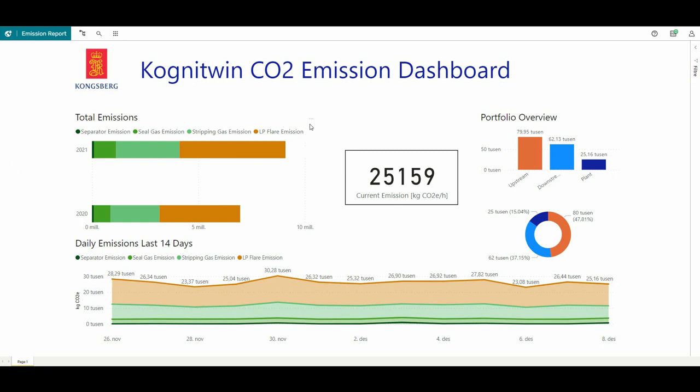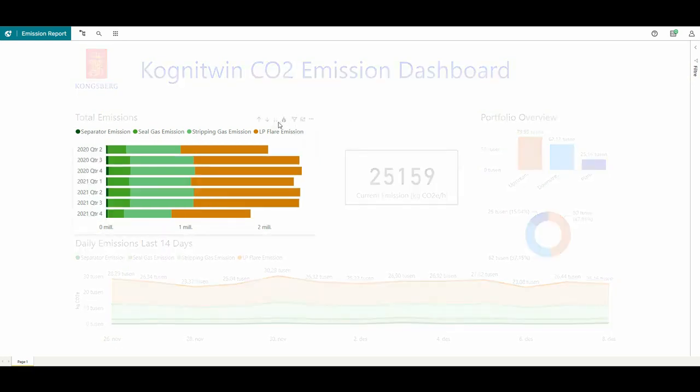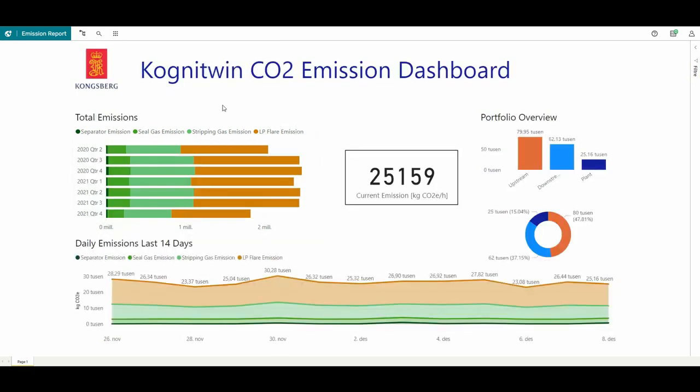So of course with Power BI you have some flexibility in drill down into looking at emissions on various time scales. You can trend your emissions over time to see how it develops. You can see your current emission numbers, and of course it's possible to have multiple KPIs and various relevant metrics up on a dashboard.